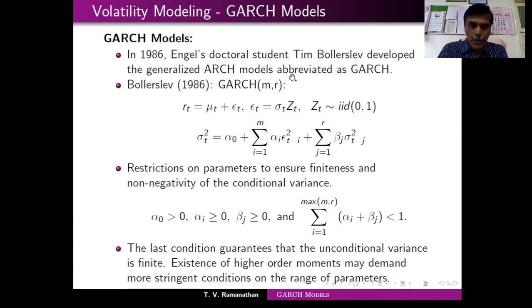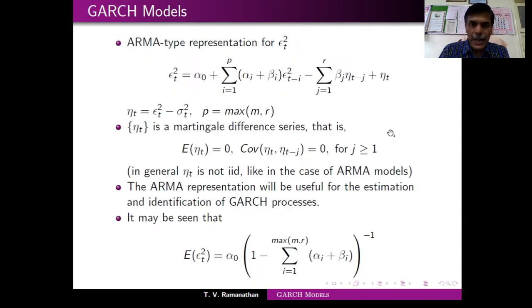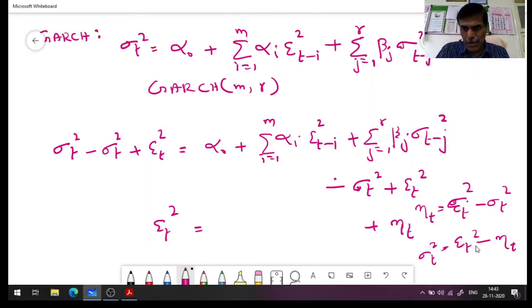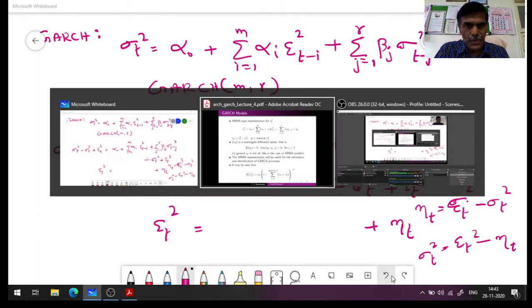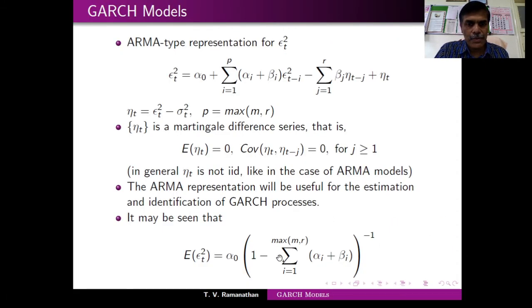So it is possible that this equation can be represented in this way by defining eta t as epsilon t square minus sigma t square. I have written epsilon t square minus sigma t square as eta t, and then you substitute. I've given you enough hint so that now you are in a position to complete this.